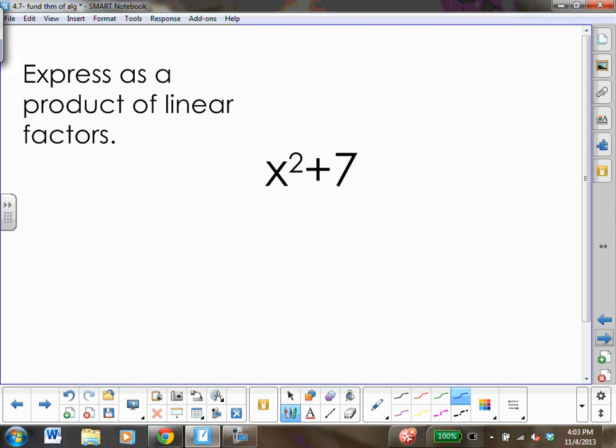Express as the product of linear factors x squared plus 7. So let's think about what numbers multiply to give me 7. I could certainly always solve it. X squared plus 7 equals 0. X squared equals -7, and then square root both sides.